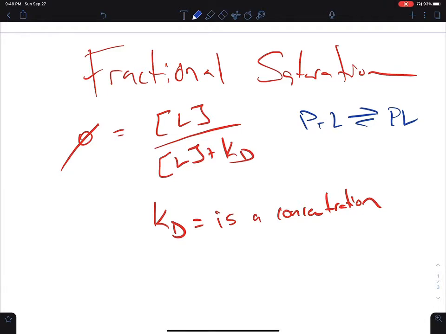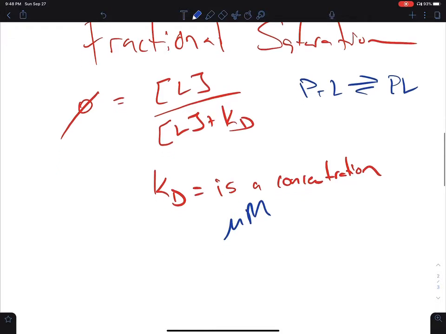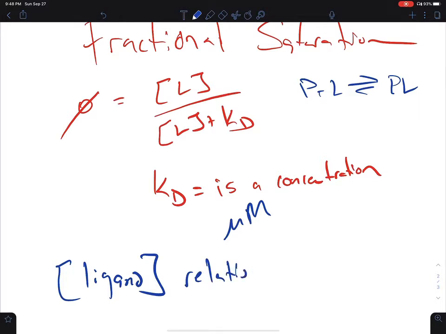So this is in terms of concentrations, whatever it is, micromolar, millimolar, or whatever. Ligand concentration is obviously also in terms of concentration. So the Kd is a concentration. And so we really are thinking about this in terms of the ligand concentration relative to the Kd.